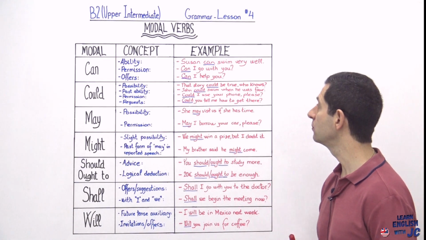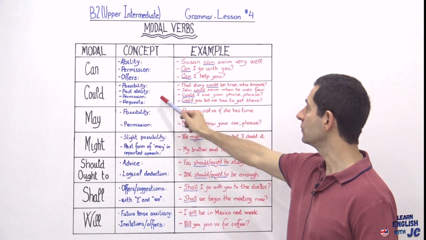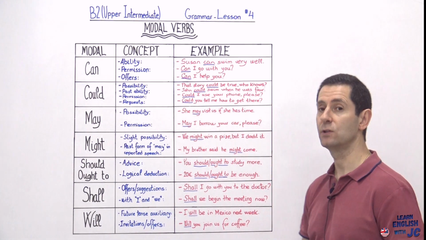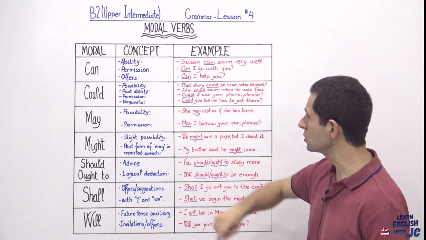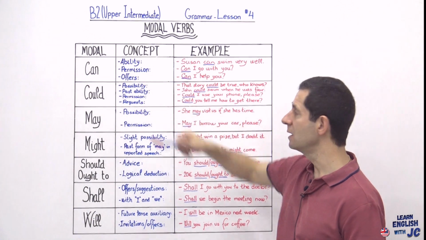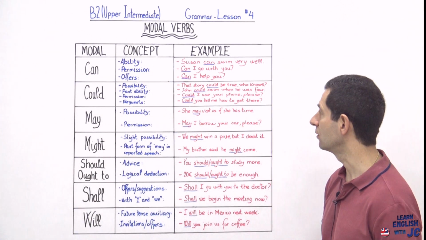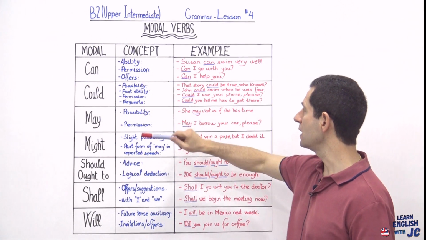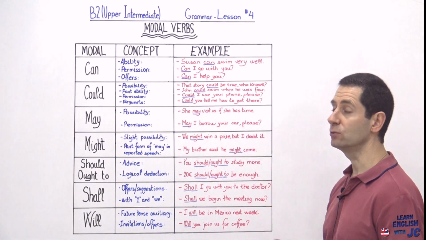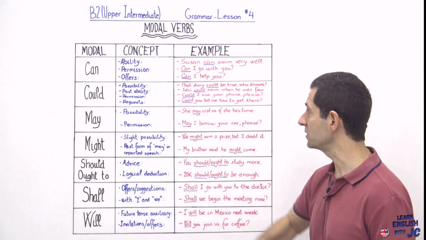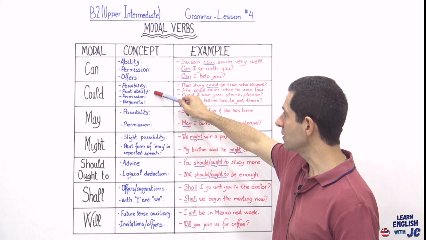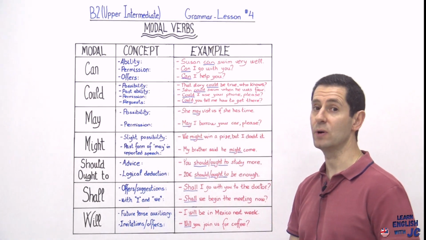He learned pretty early. Permission. Could I use your phone, please? When you're not sure if you should use can or may, I suggest you use could. You're never wrong on that one. Now, request. Could you tell me how to get there? So once again, possibility, past ability, permission, and requests.